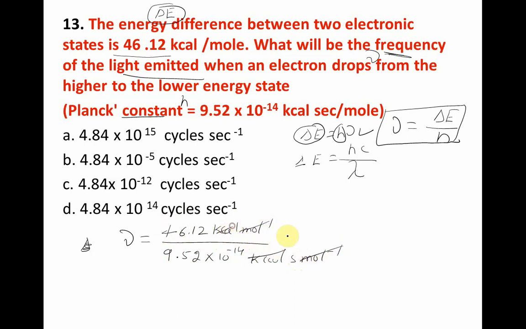Except second, the remaining units get cancelled, and you will get 4.48 into 10 to the power of minus 14 per second. So there is no option. If I consider this as minus 14, then this is the right option.